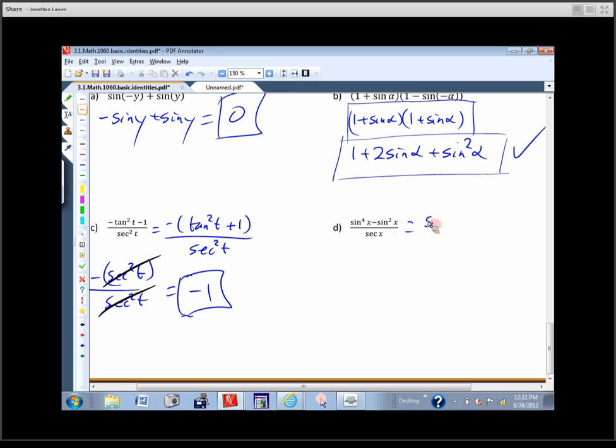So if I take out the sine squared of x, I'm left with sine squared of x minus 1 over secant of x. Does this part look familiar? If you've got a trig function squared, that's your clue that it's probably going to be, not always, but probably going to be a Pythagorean identity. Can I get something that looks like sine squared minus 1?